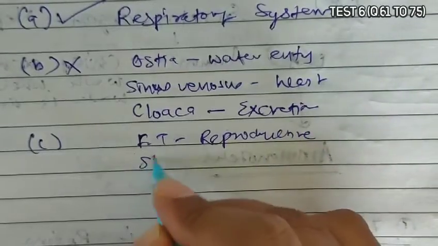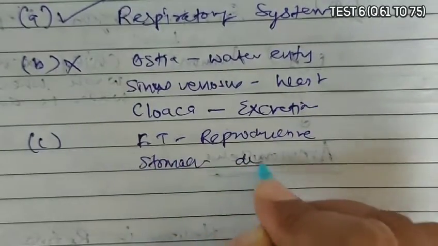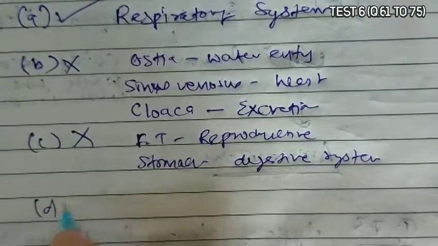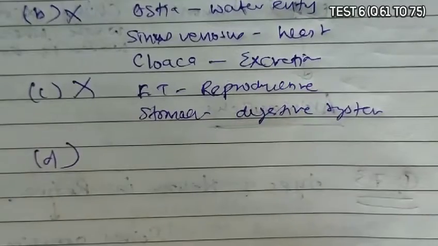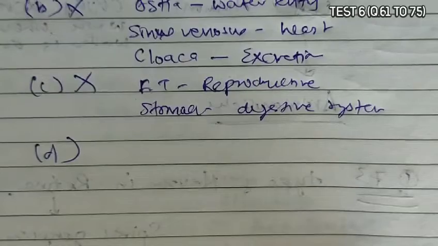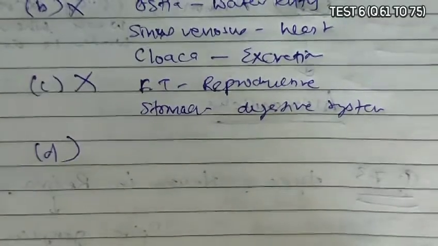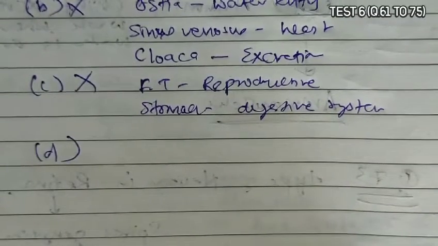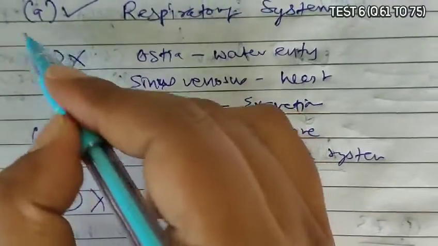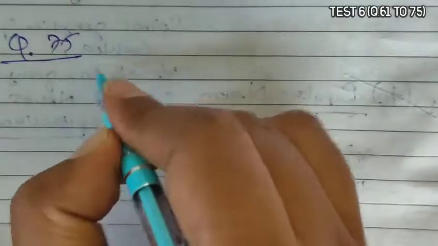Fallopian tube comes in reproductive system and stomach is part of digestive system, so that cannot be the correct statement. Option D is given as ganglia, eye, brain, liver, and testis. Eye is a receptive organ, ganglia are the nervous system, and liver comes under digestive system, but testis is reproductive system, so that cannot be the correct answer. A is the correct answer for this question 74.